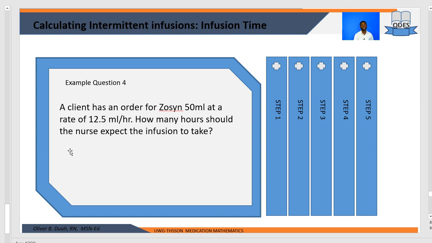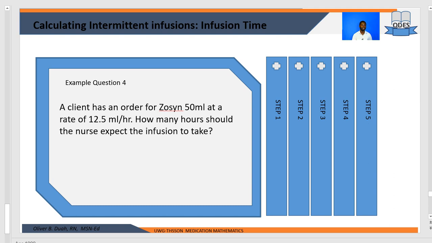So a client has an order for Zoxyn, which is an antibiotic made up of 2 types of antibiotics, or 2 different kinds of antibiotics. 50 ml at a time, or at a rate of 12.5 ml per hour. How many hours should the nurse expect the infusion to take?